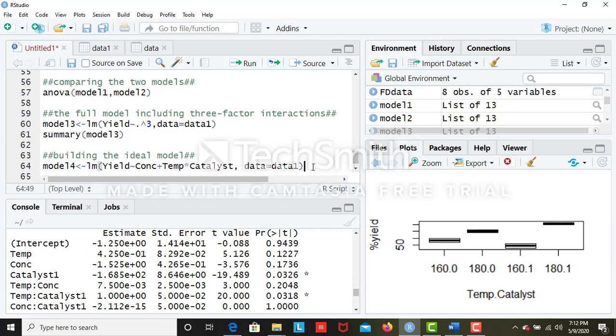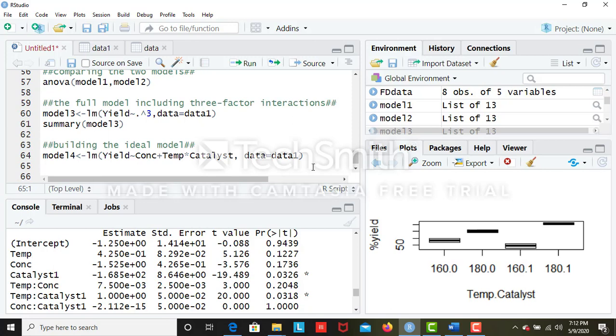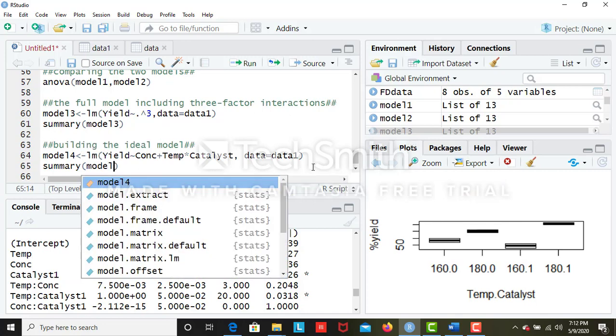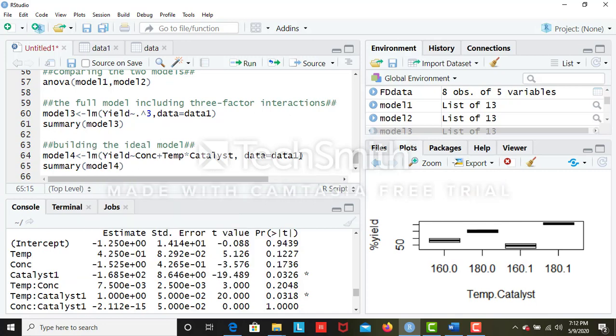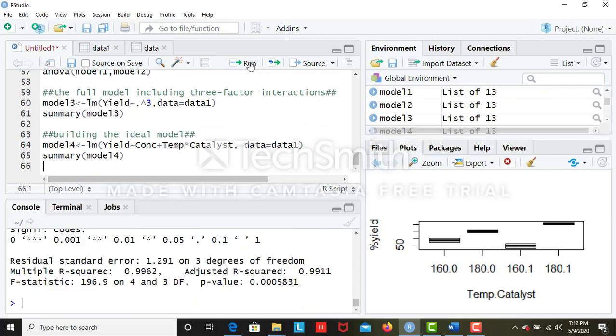So I have a summary of the model. So I'm going to run this code here and look at the summary.